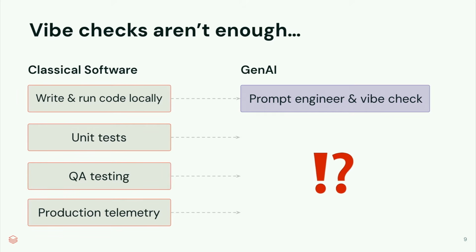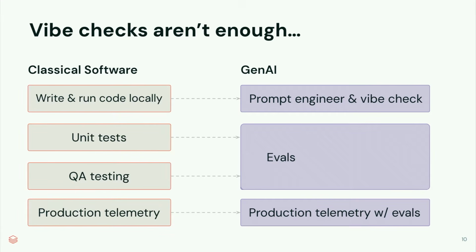Saying that you launched a GenAI application with just vibe checks is the equivalent of telling your CIO that you've got a business-critical CRM application that you've spun up on your local dev box, and yeah, you clicked through it a few times, and it seems like the data's being written right, and yeah, we launched it, which is almost crazy when you put it in that framing.